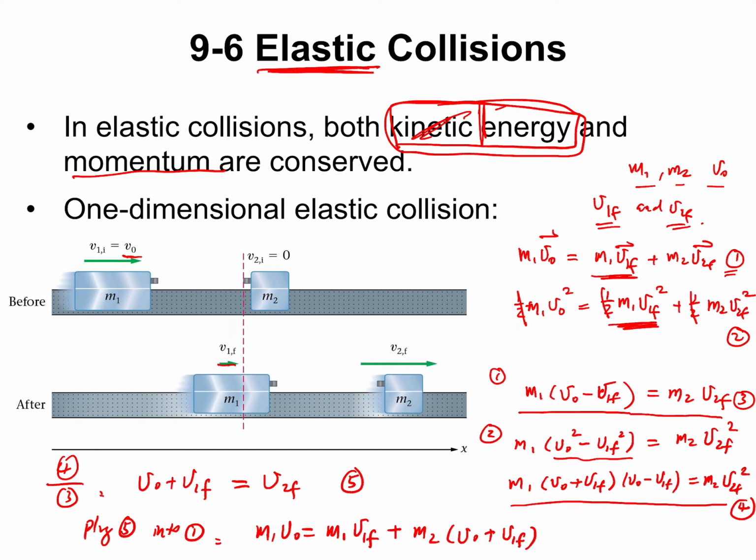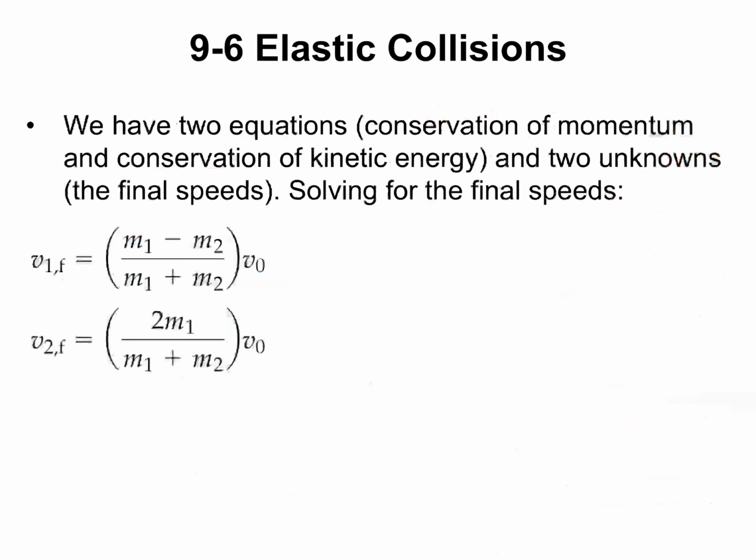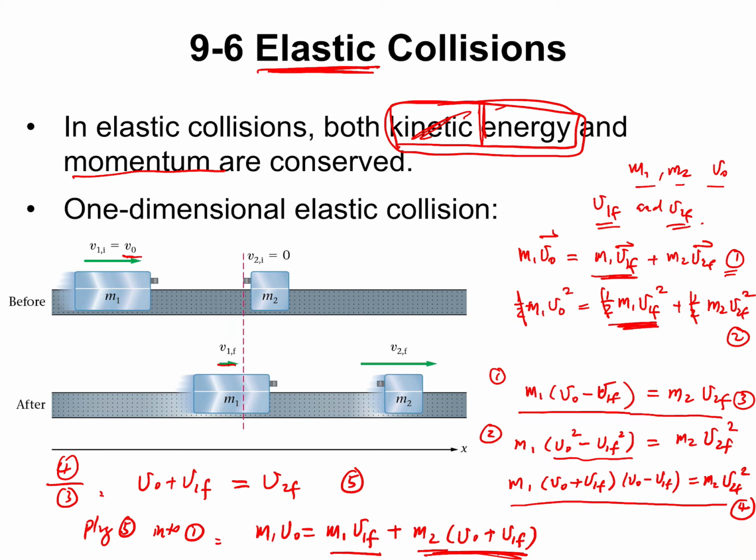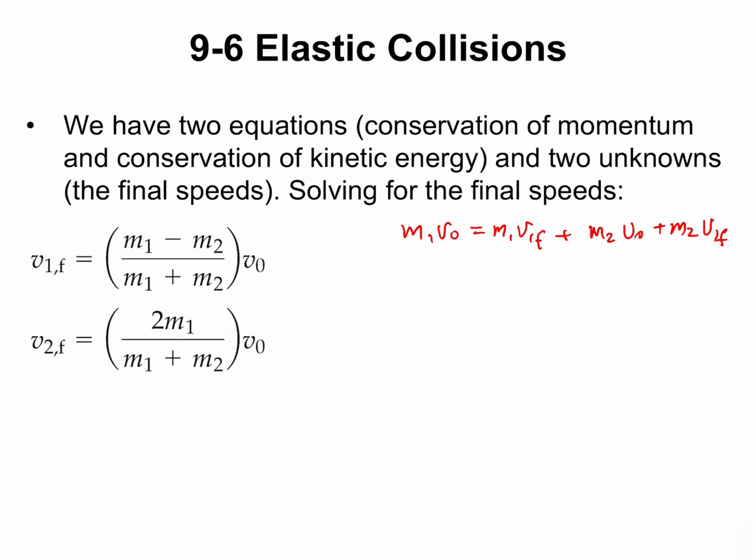Then you rearrange, because we want to solve for v1f. So m1 v0 equals m1 v1f plus m2 v0 plus m2 v1f, opening up the parenthesis.